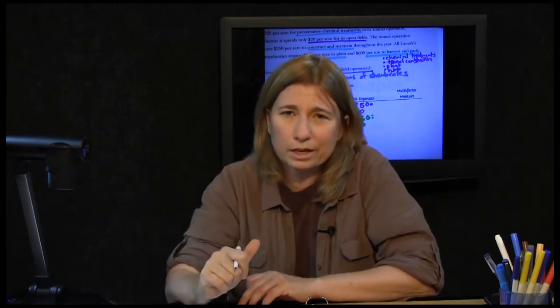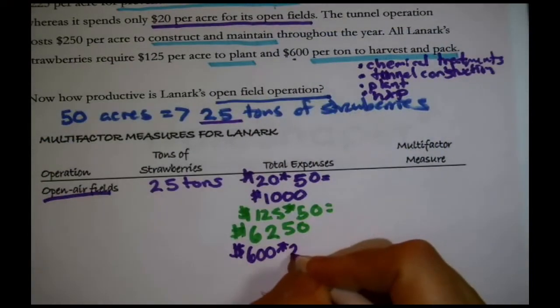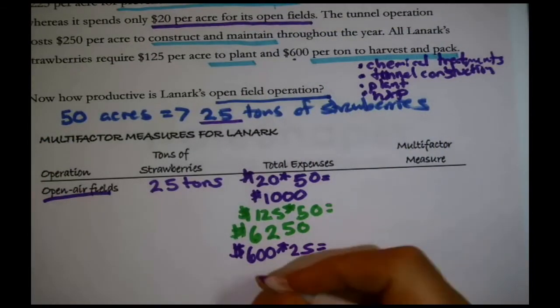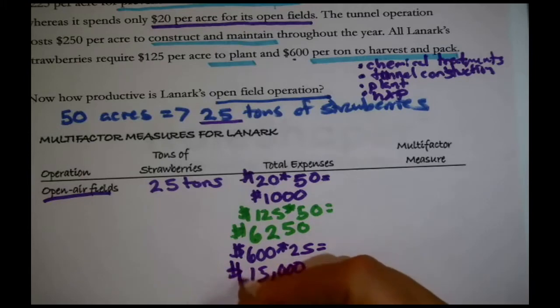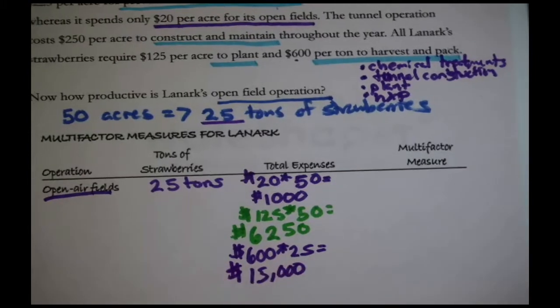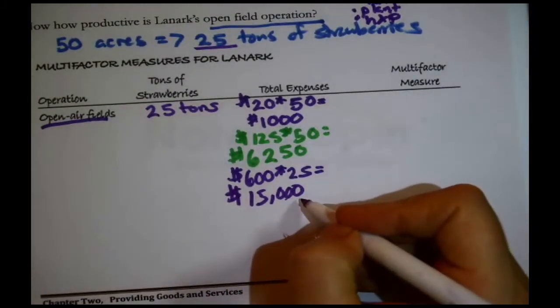But I don't say times 50, that's in acres. $600 times the tons, the amount of strawberries that was produced, that's 600 times 25. Or the biggest expense category yet, $15,000 for harvest and packing.